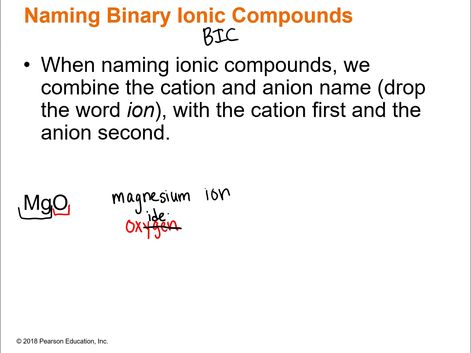And you replace it with IDE, followed by ion. Then you're going to want to get rid of the word ion in both cases and smush them together. So the name of this compound would be magnesium oxide.